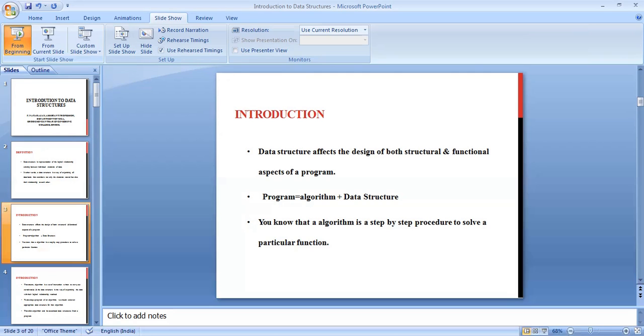For example, if you want to store the data for student information, you want to store the student roll number, student name, date of birth, and which branch he or she is studying. In this way, you store these four types of data.